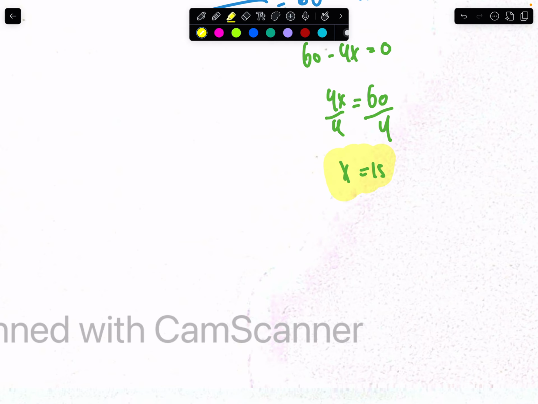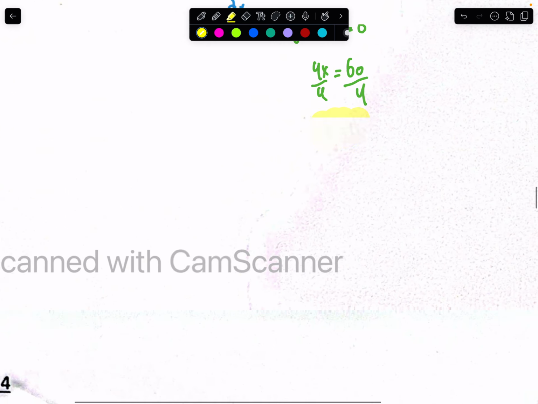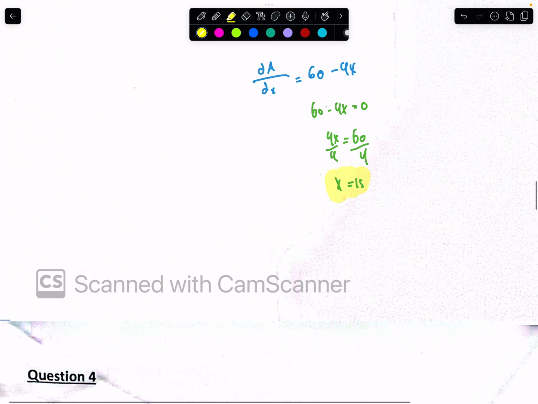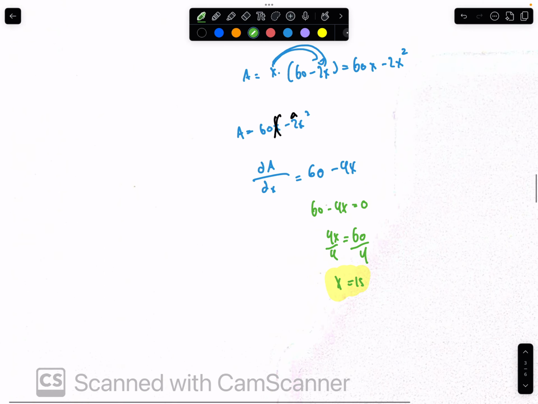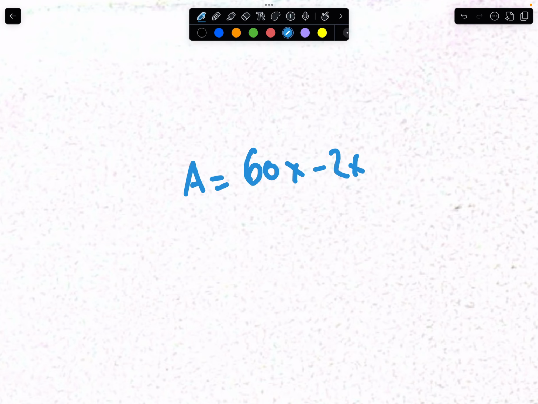Now to find the maximum area, we know that x is equal to 15. We can find the maximum area by plugging into the formula we already had, which is A is equal to 60x minus 2x squared.